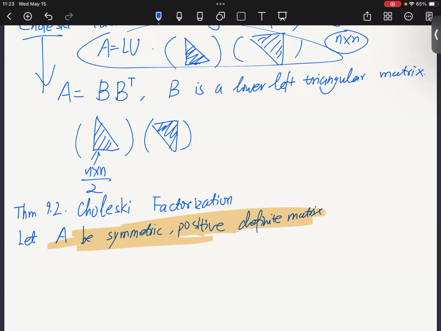This is some mathematics joke: there's the assumptions, and then let's say the assumptions hold. Okay, this is the assumption.